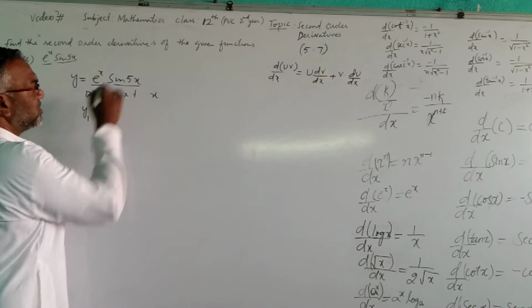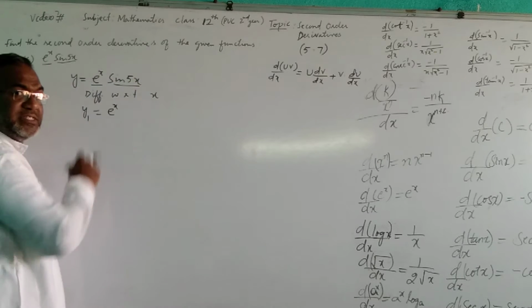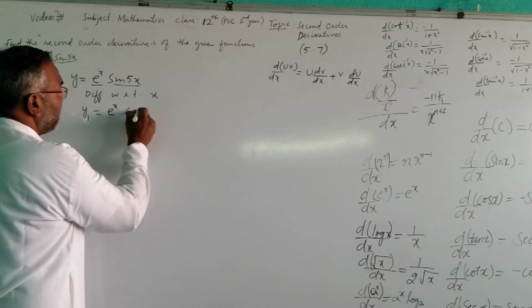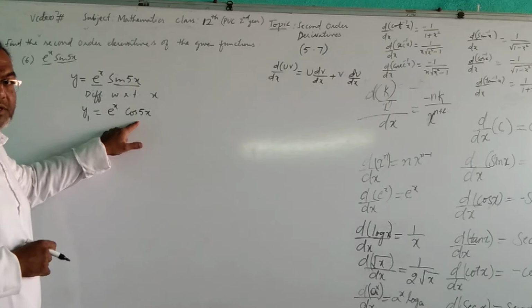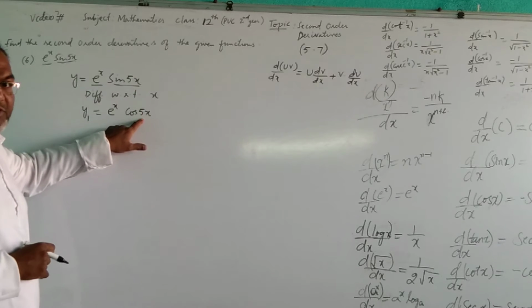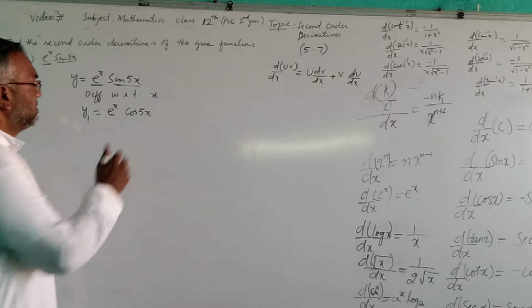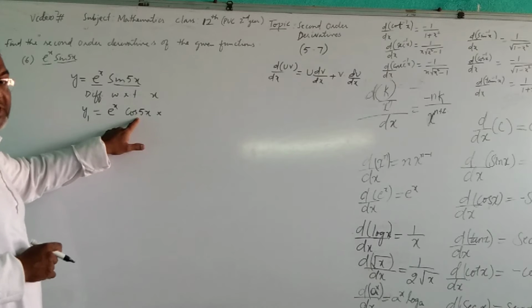U as it is, differentiation of v, differentiation of sine 5x. Sine 5x is there, so it will be cos 5x. Differentiation of sine is cos, and the same angle will be attached to it as it is here. But it's the chain rule. We cannot just do this.